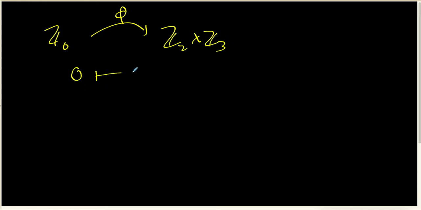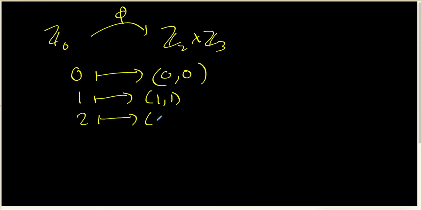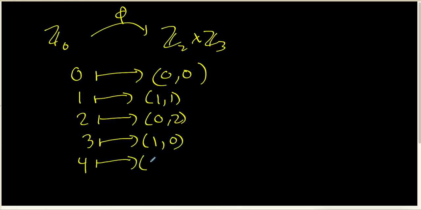We have Z6 over here, and phi taking Z6 into Z2 cross Z3, and 0 is sent to 0, 0, and 1 is sent to 1, 1, and 2 is sent to 0, 2, and 3 is sent to 1, 0, 4 got sent to 0, 1, and 5 got sent to 1, 2.